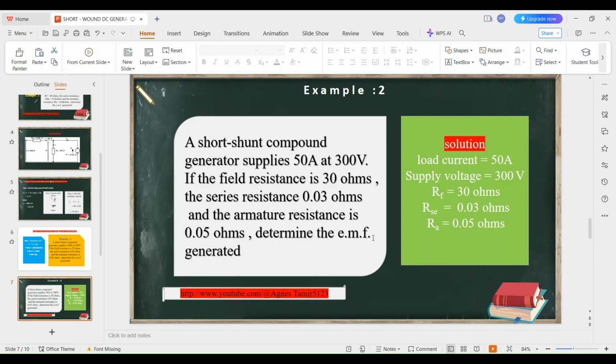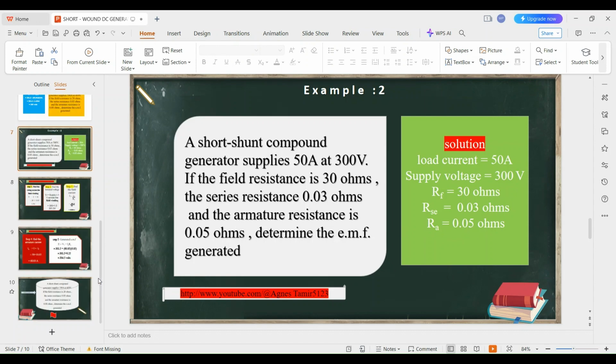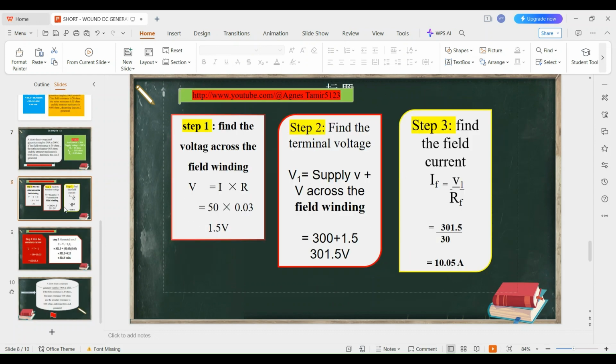Let's go step by step. So step 1 is to look for the voltage drop across the series resistance. The current flowing through that series resistor is 50 amperes and the resistor is 0.03 ohms. Therefore, when you key these values into your calculator, we shall get 1.5 volts.